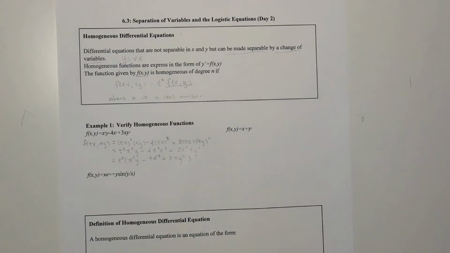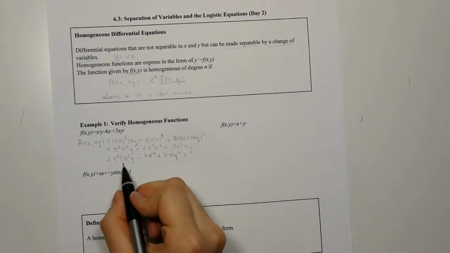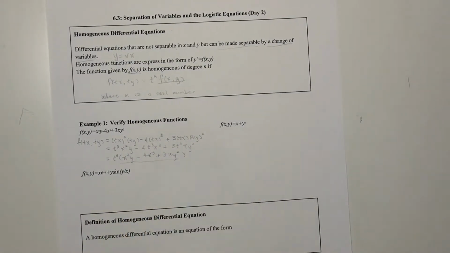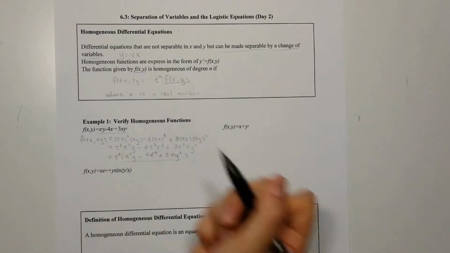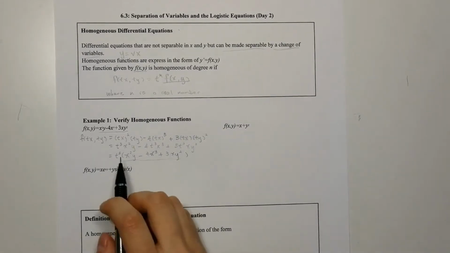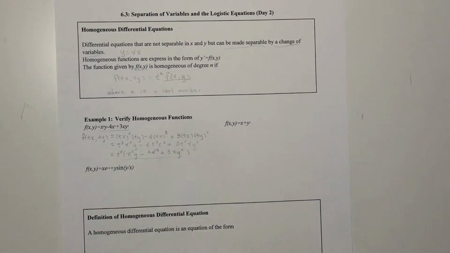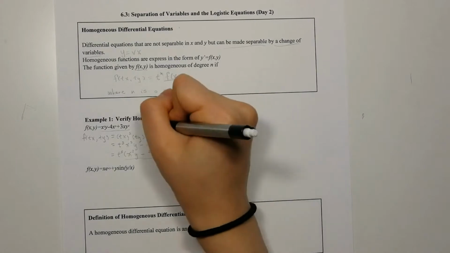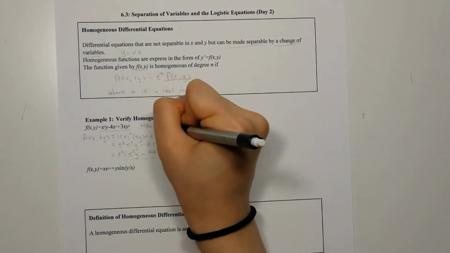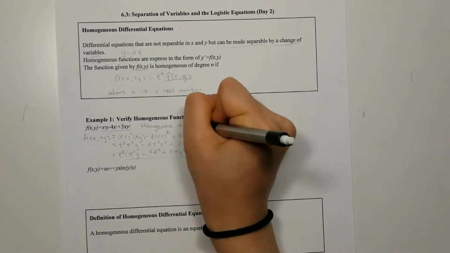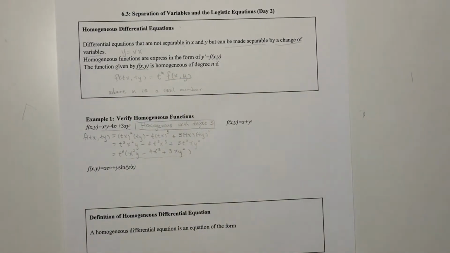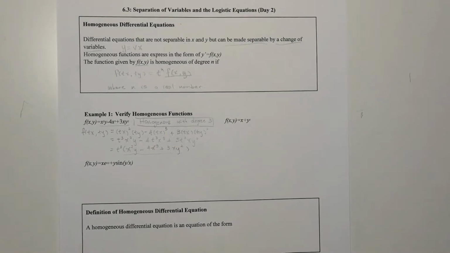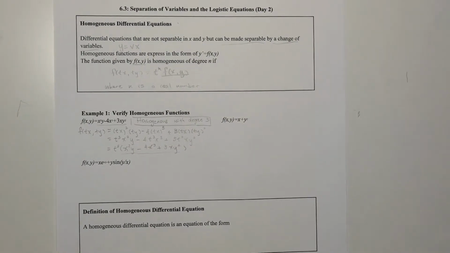Now that everything is simplified, you can see that this part of the function is exactly the same as the original function. And it is the original function times t to a power of 3. So we can say that it is homogeneous with a degree 3. And that is your answer for the first verifying homogeneous function question.